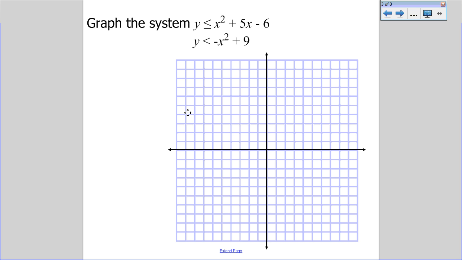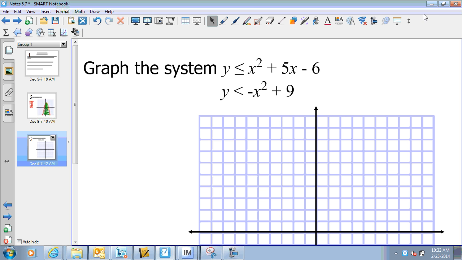and type in x squared plus 5x minus 6. I would hit graph just so you can start to see where that vertex is at. Now when I look at my calculator screen, what happens here is my vertex isn't actually on my graph.